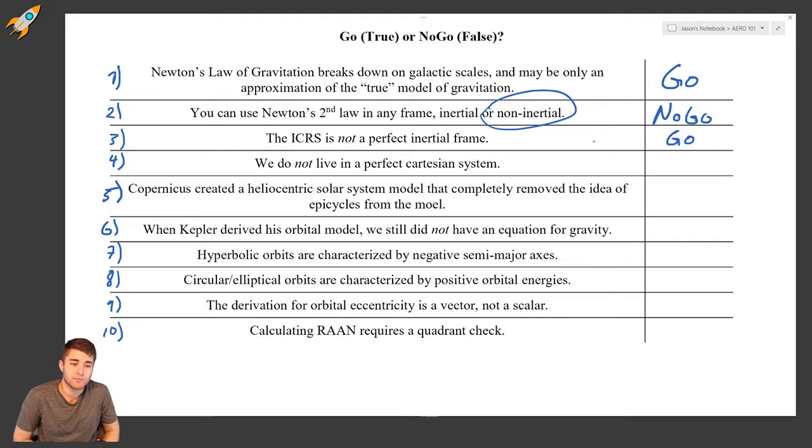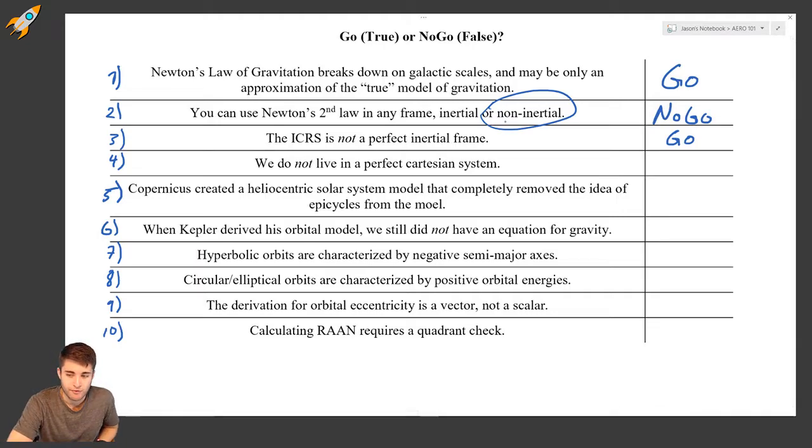How we do that is we locate very distant quasars in the universe, and we try to come up with an inertial frame using those as sort of waypoints. So this is true. It's a go. There's no such thing as a perfect inertial frame.